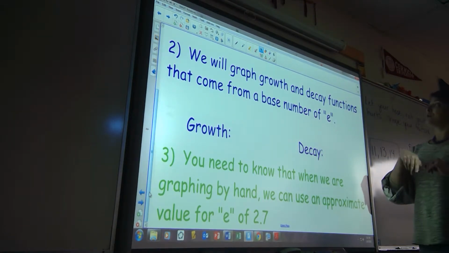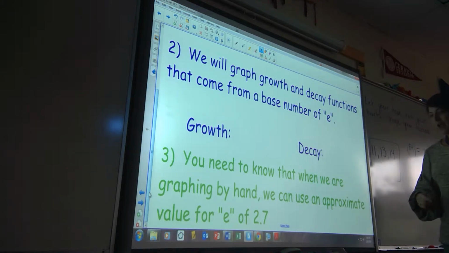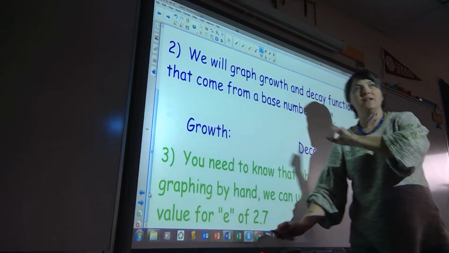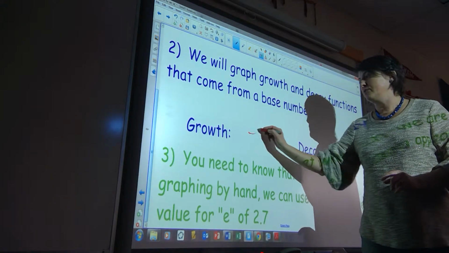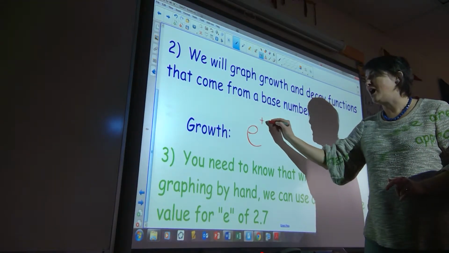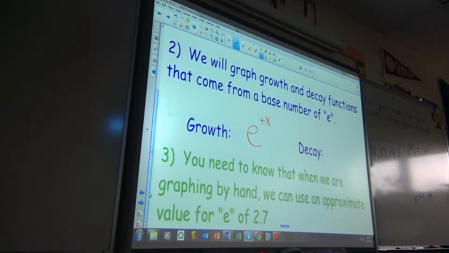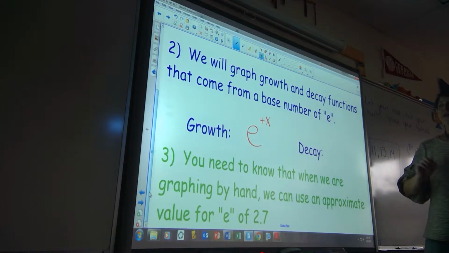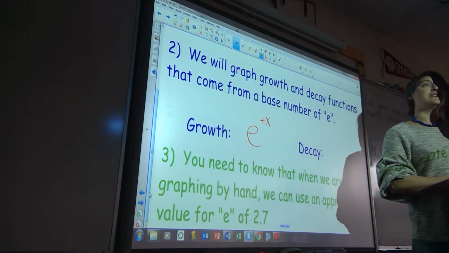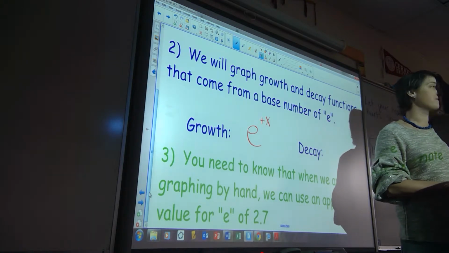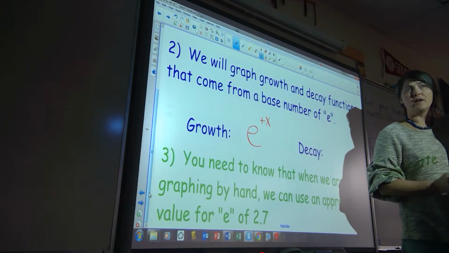When we graph growth and decay with base E, it'll be a lowercase e, and I do want you to see how to differentiate between growth and decay. When it's growth, it will be base E with a positive exponent. That's how we will indicate growth. If it is decay, all the decays we've seen up till now have mostly been fractional base values, like a 1/2 or a 1/3.